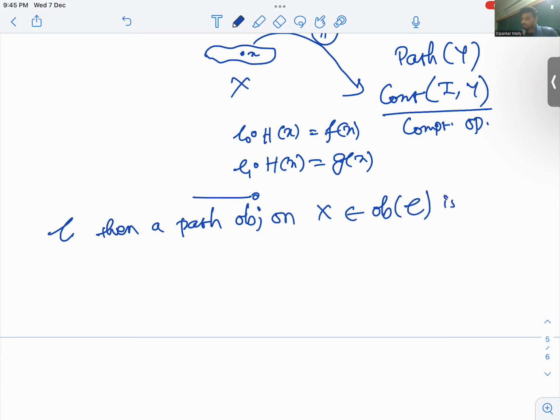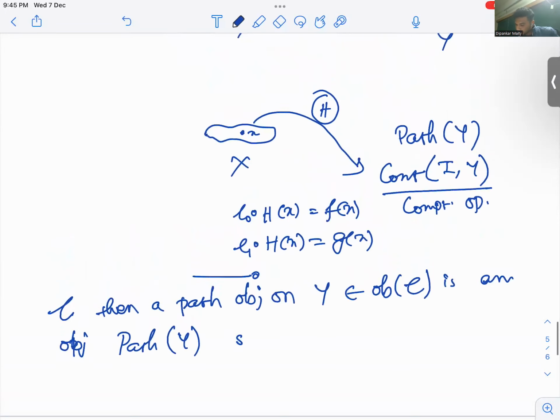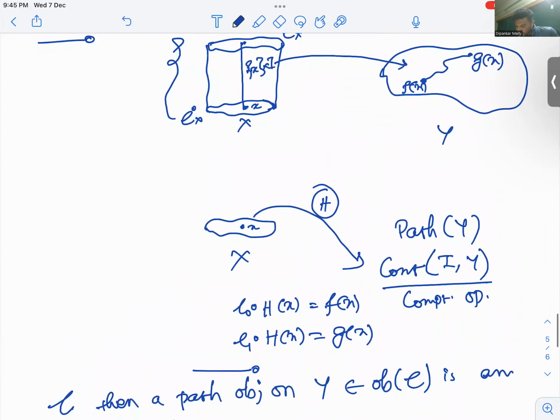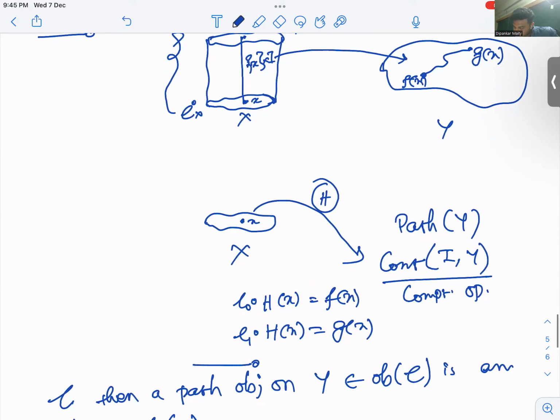is an object denoted path on X. Okay, I'll write it for Y actually. Path on Y is an object with two maps. Of course, there is this projection map.